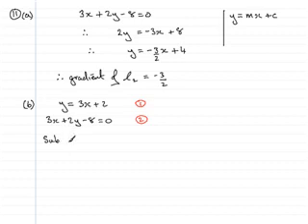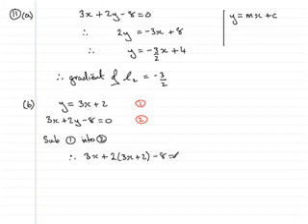So what I'm going to say is sub equation 1 into 2. So therefore what I get is the 3x plus 2 times y, but y we know is 3x plus 2, so we'll put that in brackets, 3x plus 2, and then we have minus 8 equals 0.